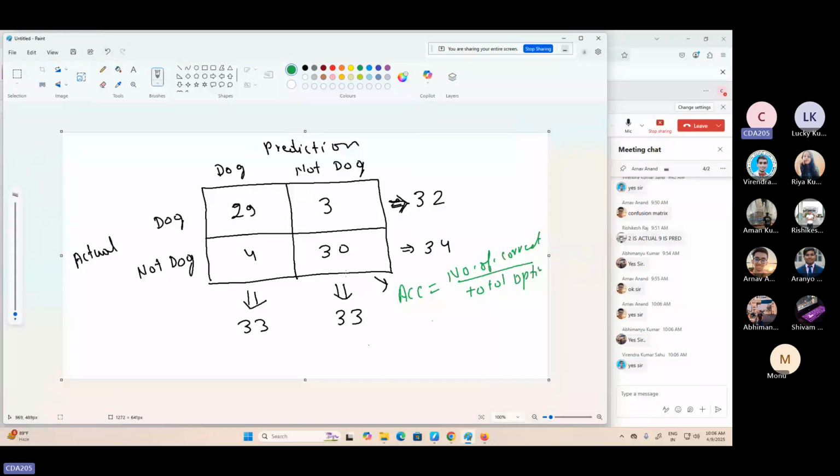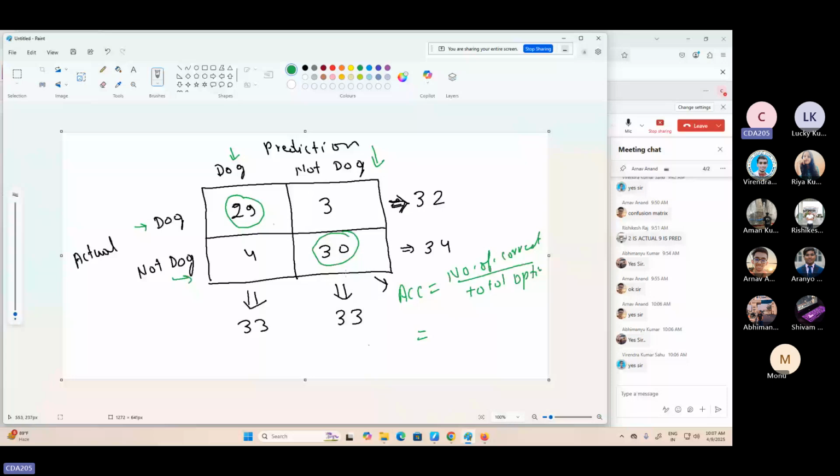So when we see this confusion matrix, this 29 is correct because the model is predicting dog and actually it is also dog. Similarly, 30 is also correct because the model is predicting not dog and actually it is not dog.